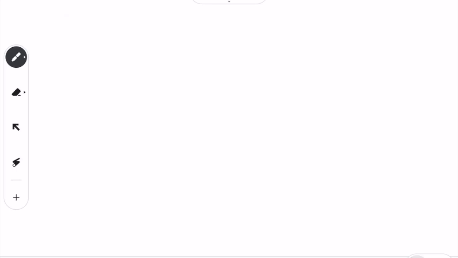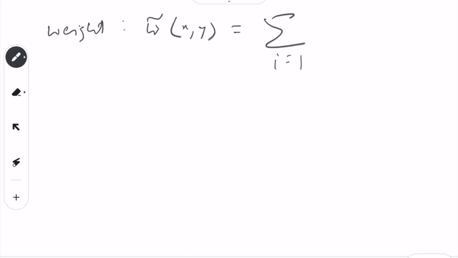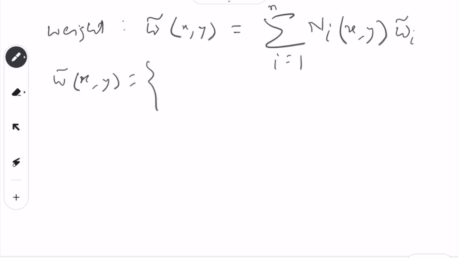Nodal weights. So you can also have the weight w tilde(x,y) as a function of, so I equal to 1 to n, and then we will have N_I(x,y) and then w tilde_I, where w tilde(x,y) is nothing but equal to w_x(x,y) and w_y(x,y), okay.